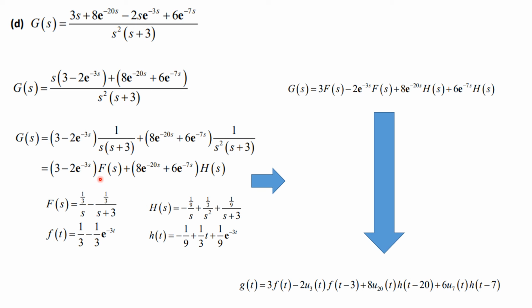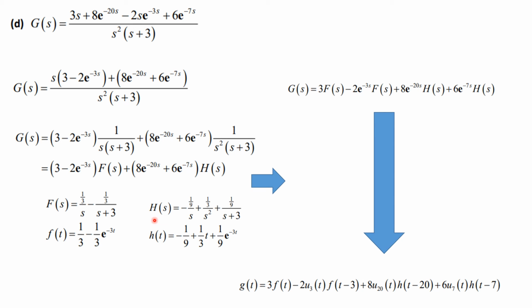Now, F of S is this one right here. We do partial fractions on that, and we get that capital F of S is equal to 1/3 over S minus 1/3 over S plus 3. And lowercase f of t, the inverse transform of that, is going to be 1/3 minus 1/3 e to the minus 3t.